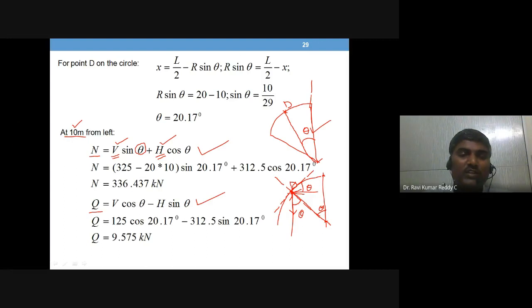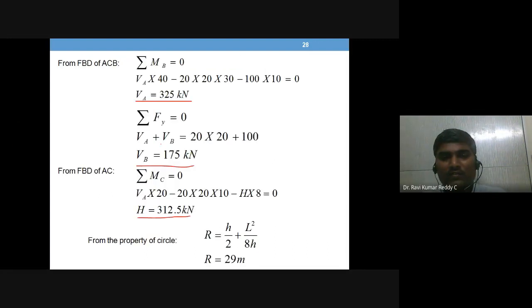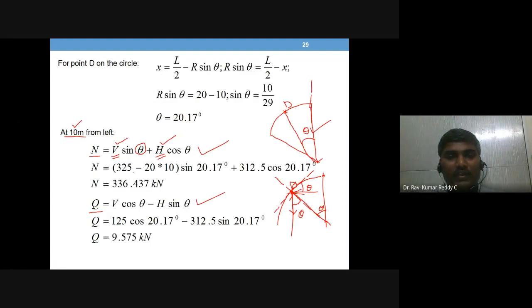So this is what is required. Now let us see how to find all these, and by substituting simply you get N and Q. You have the H value already, because we have already solved for it, that is 312.5. Now let us see how to find the V value.